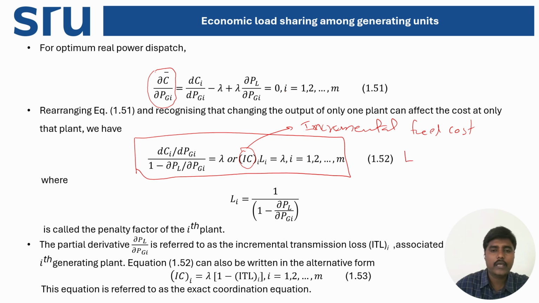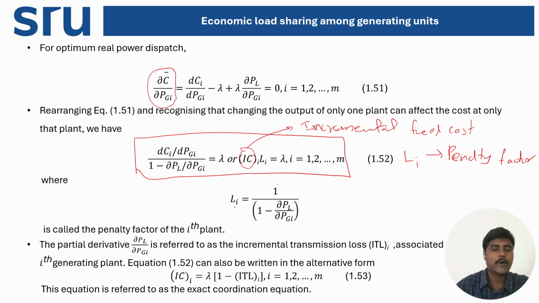Here Li is nothing but the penalty factor, which we have discussed in the previous lecture, lecture number 4. This penalty factor can be expressed as 1 by 1 minus dou PL by dou PGi.